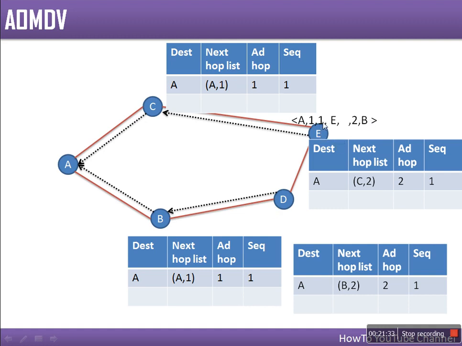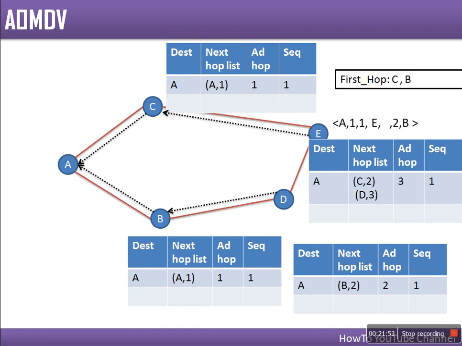So E is receiving one more route request packet. E will look at it and find out this packet is coming from neighbor B, and previously it received a packet coming via neighbor C. If a route request packet is coming from a different neighbor, it will be inserted in the routing table. So node E also creates one entry for that route request packet.